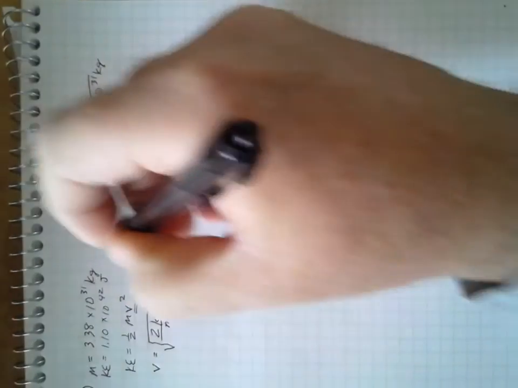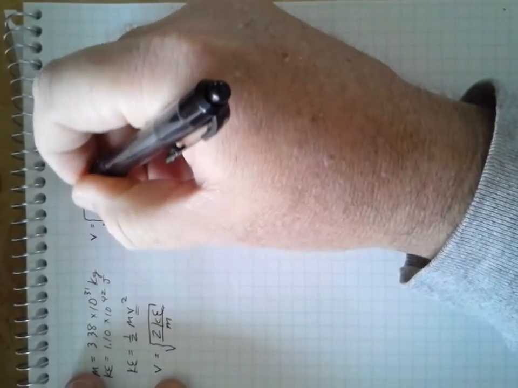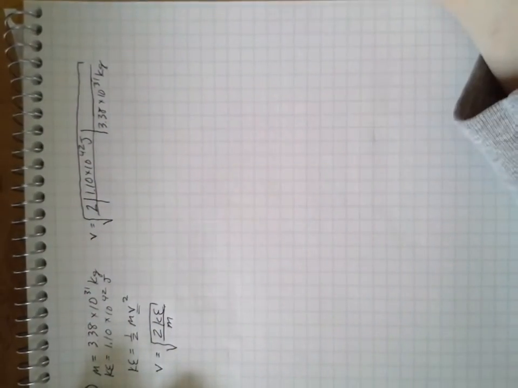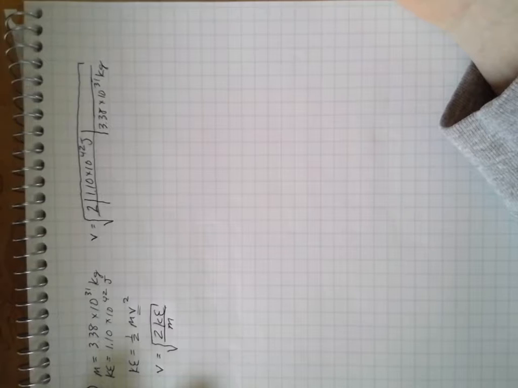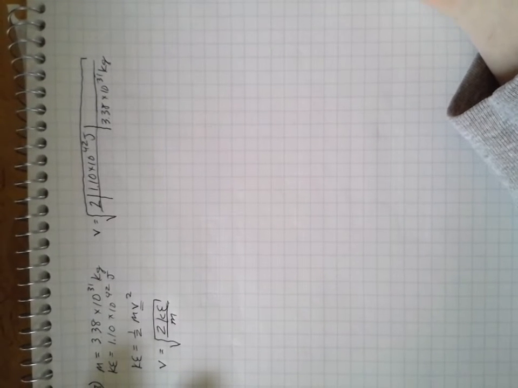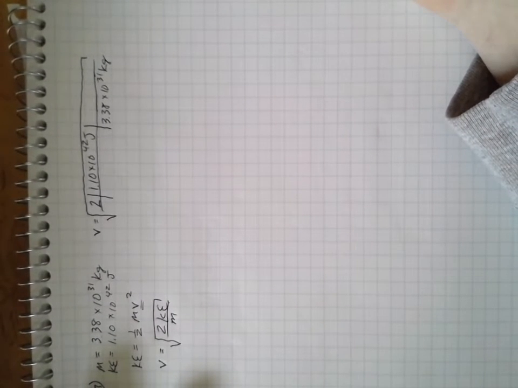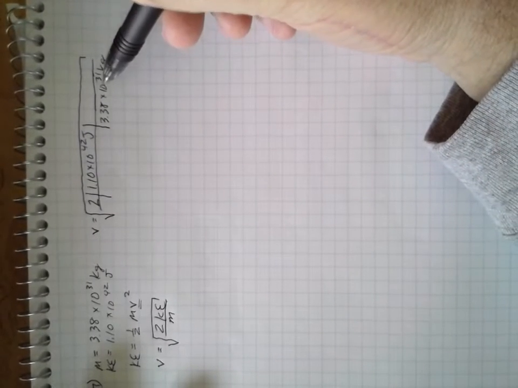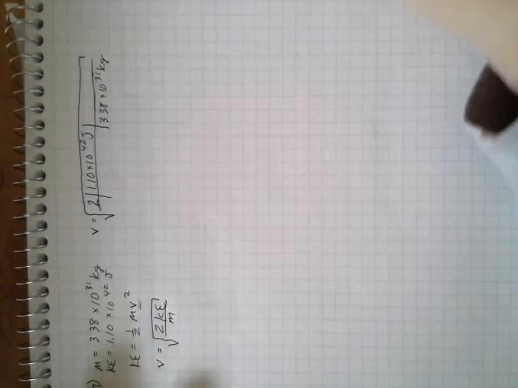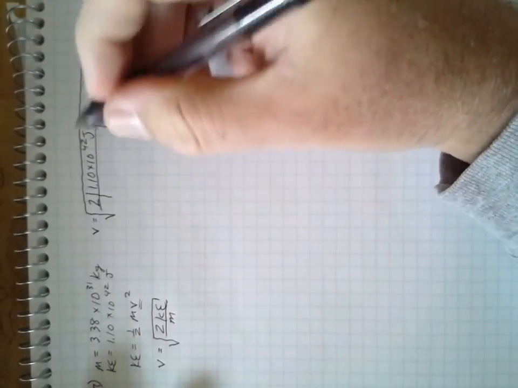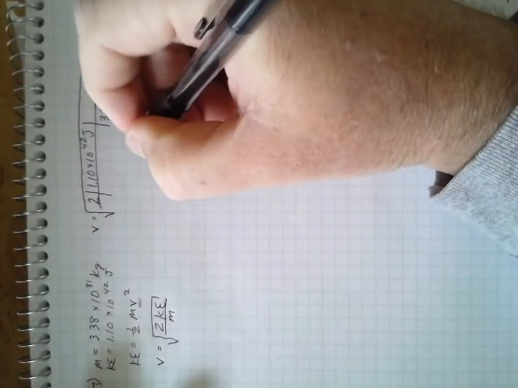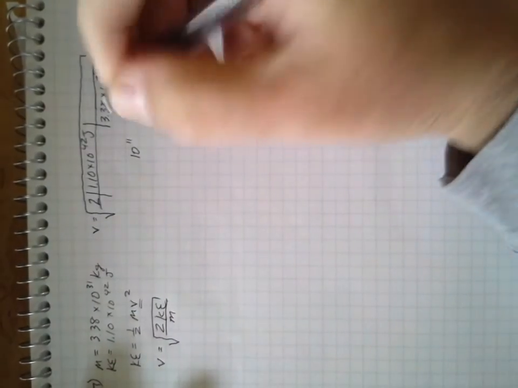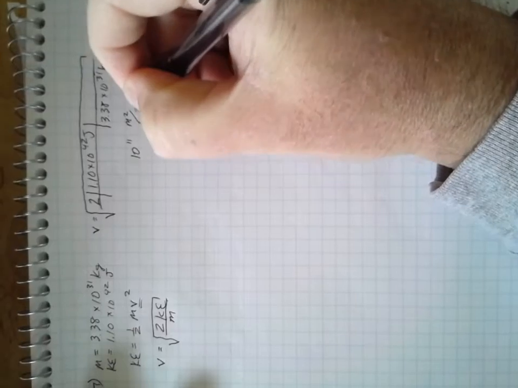And all of this is going to be square rooted. Once again, let's take care of the powers of 10. I've got 10 to the 42 divided by 10 to the 31, so I subtract my powers of 10. 42 minus 31 leaves us with 10 to the 11, and this is going to be meters squared per second squared.